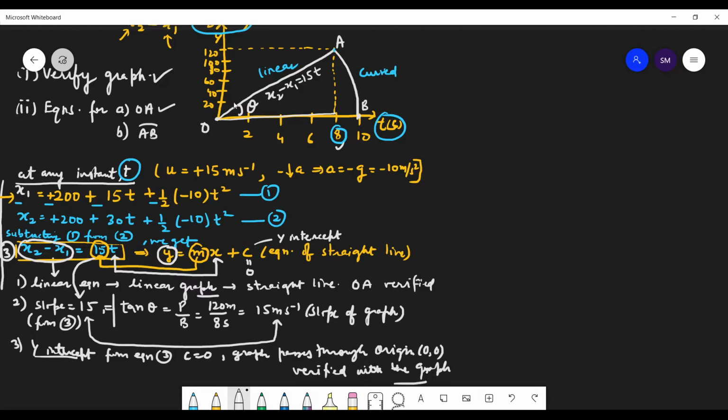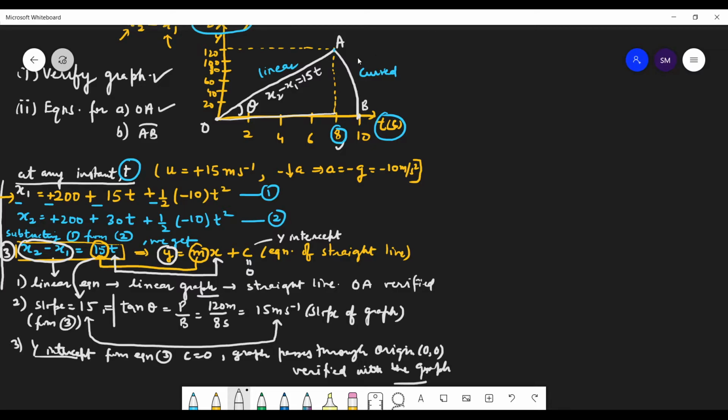So we have verified this part of the graph and this OA equation for this. So 15t, x2 minus x1, or you can say y is equal to 15t, 15x.